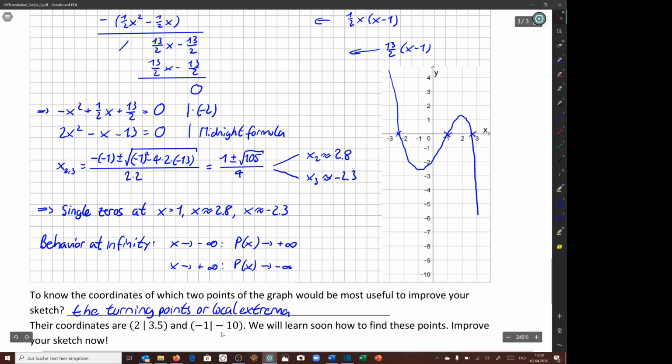Their coordinates are 2, 3.5 and minus 1, minus 10, and we will learn very soon how to find these coordinates, these points, when we start with differentiation. You can use these points now to improve your sketch.